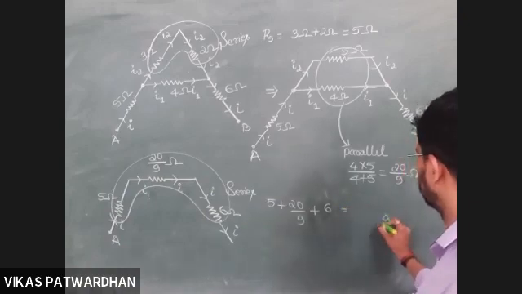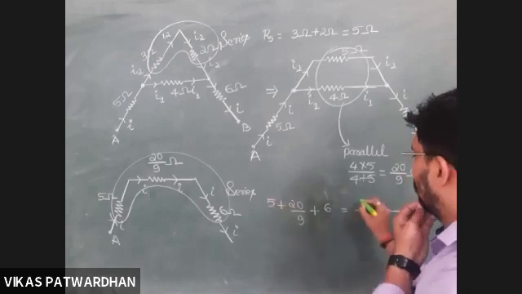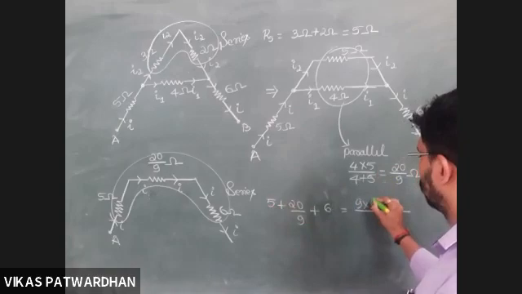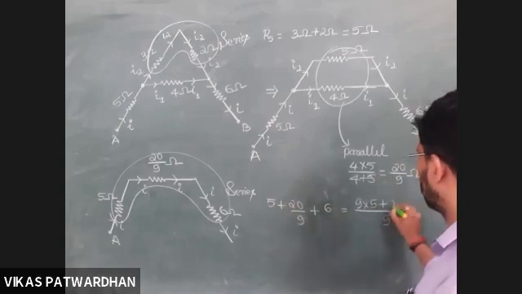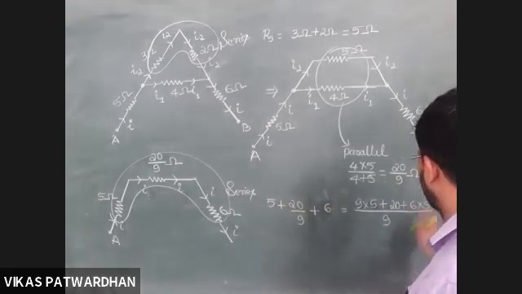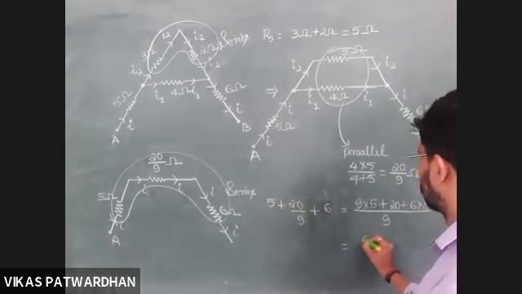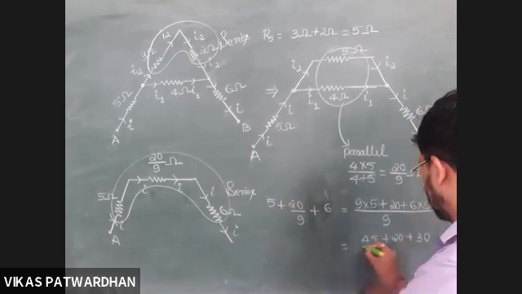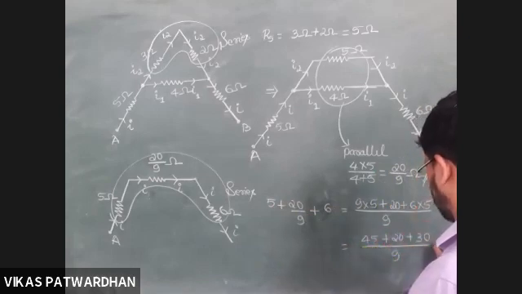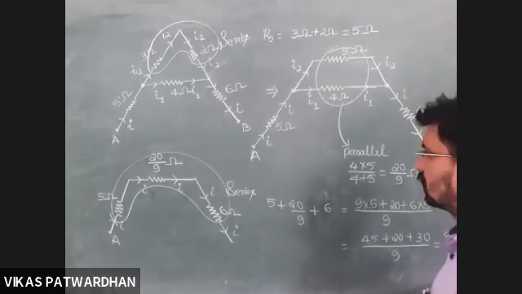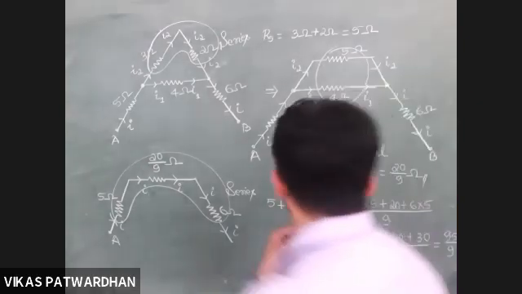Okay, LCM 9. 9 into 5 plus 20 plus 6 into 5. 9 fives are 45 plus 20 plus 30. 50 plus 45 is 95. So 95 by 9. 9 tens are 10 point something is the answer.